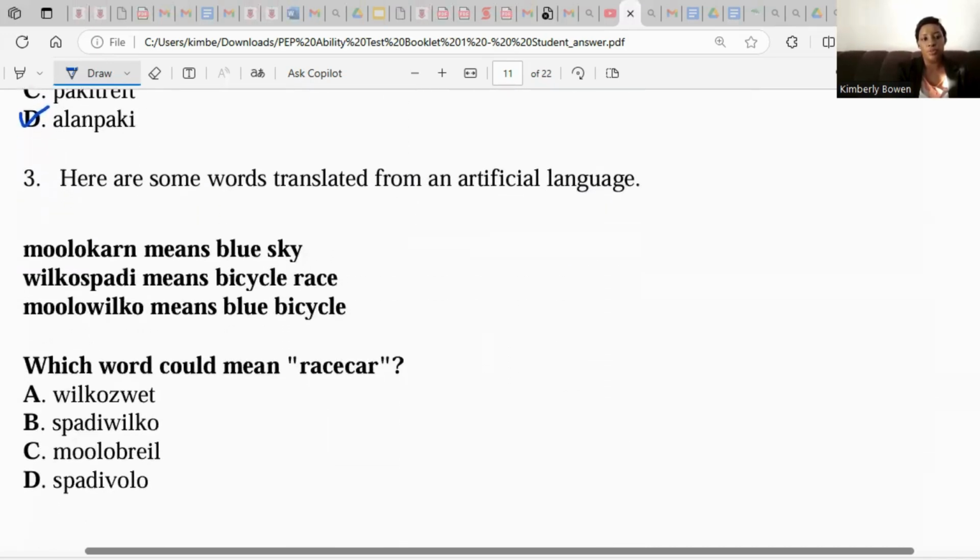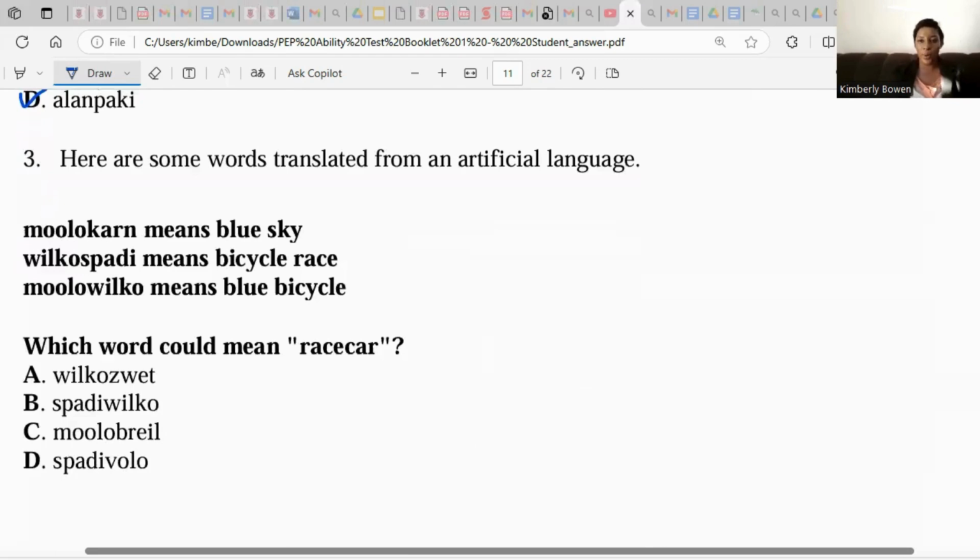Let's look at number 3, the final question. Here are some words translated from an artificial language. Moon pearl means blue sky, and Wilco spuddy means bicycle race. Wilco means blue bicycle. So we're looking for race, so we're looking for a word with race.